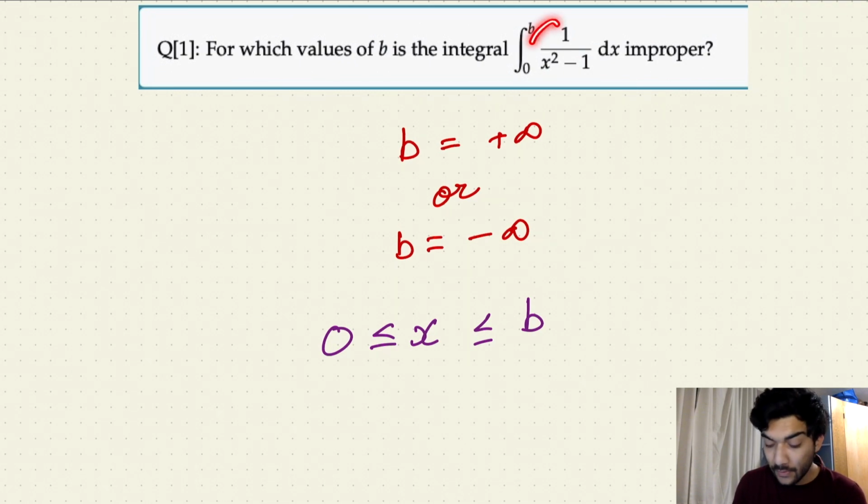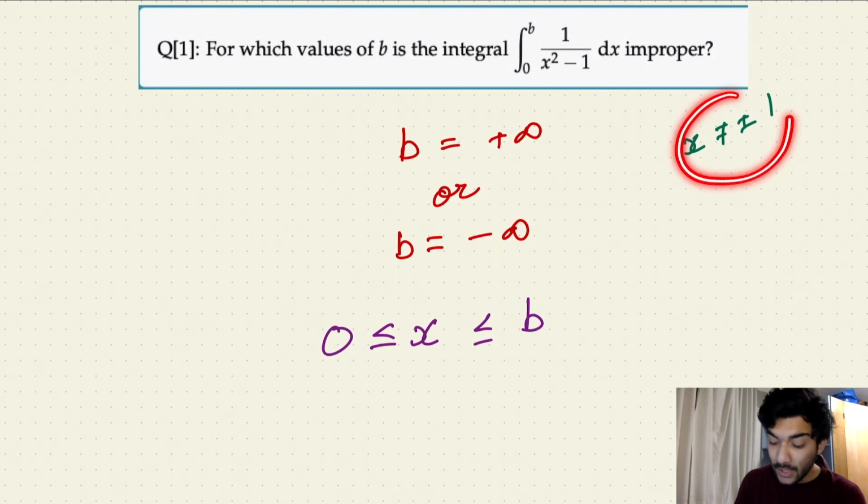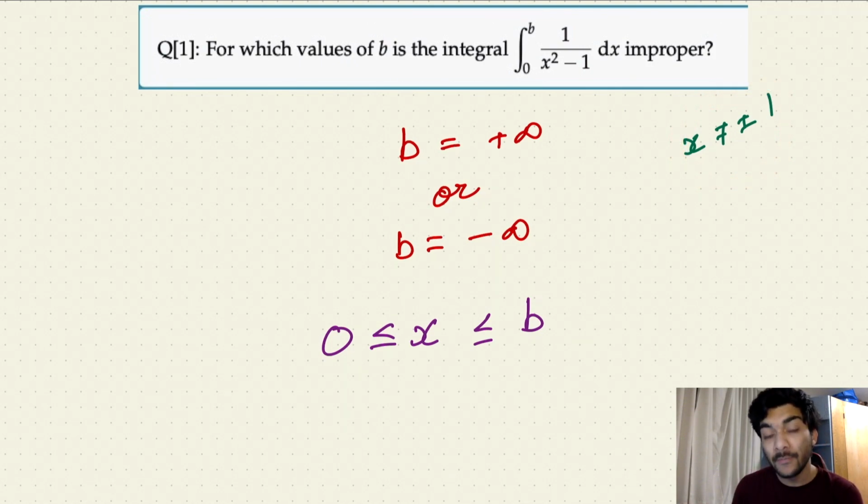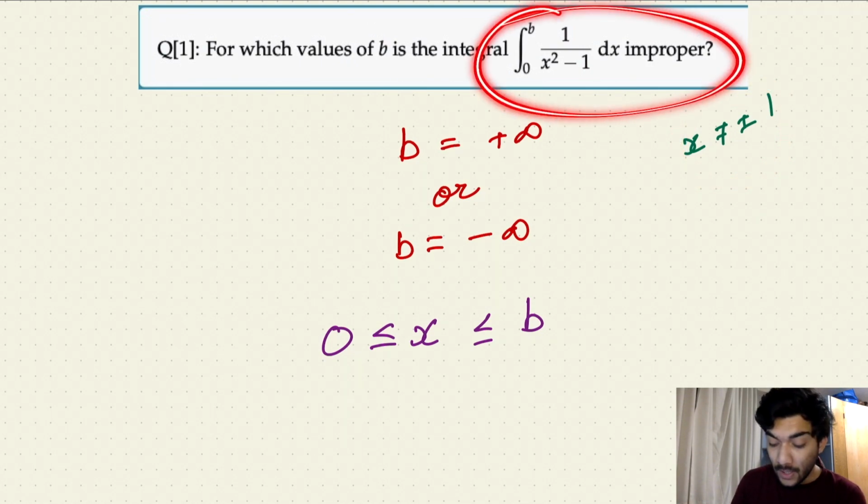Since we are calculating the definite integral of 1 upon x square minus 1, we know that the domain of this function does not contain plus minus 1, right? So if the interval for which we are calculating the definite integral contains one of these points, that integral would be an improper integral.